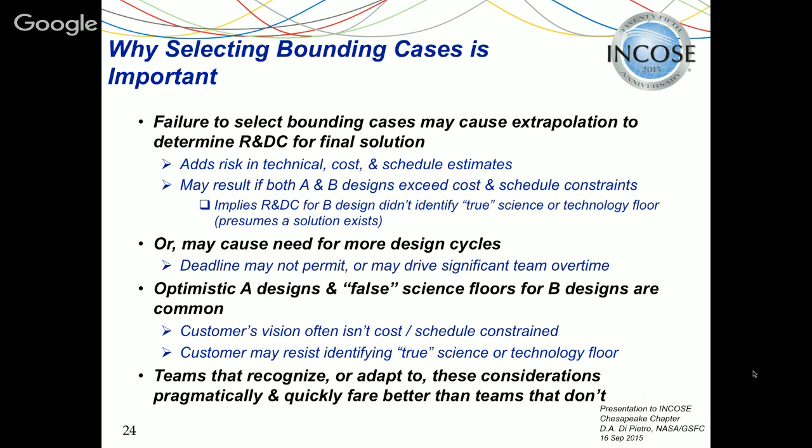Okay, so imagine, for example, that the customer wanted a Cadillac, and then the second design, a Cadillac without an ashtray, right? Okay, so where does that leave you? It leaves you with two high-end points, both exceeding the cost and schedule, and with one more design you've got to get into the cost box, because maybe you have to deliver a proposal by a certain time.